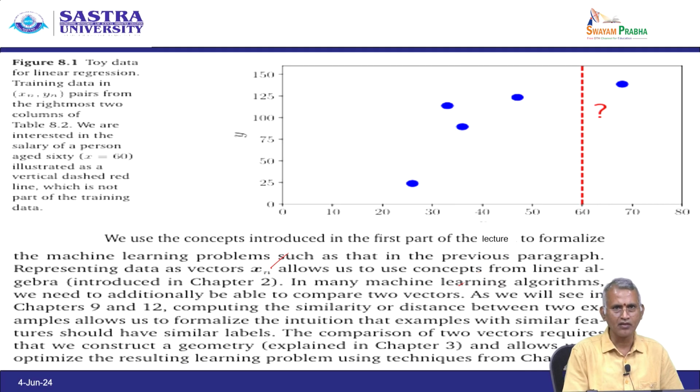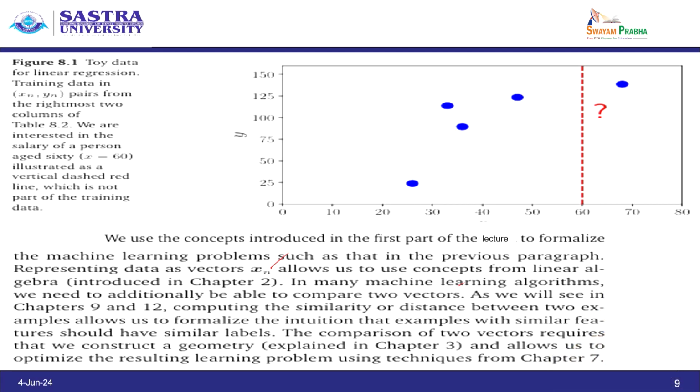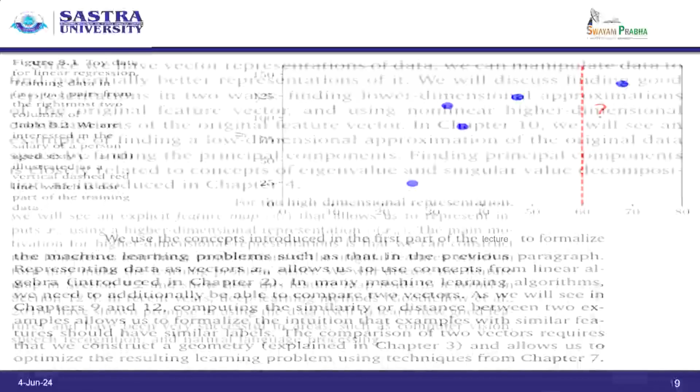Computing the similarity or distance between two examples allows us to formalize the intuition that examples with similar features should have similar labels. The comparison of two vectors requires that we construct a geometry, and allows us to optimize the resulting learning problem using the techniques from this chapter.